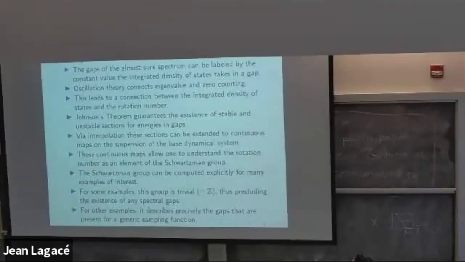The gaps of the almost pure spectrum can be labeled by the constant value of the integrated density of states in that gap. The integrated density of states is defined by eigenvalue counting, and eigenvalue counting is related by oscillation theory to zero counting. And zero counting in turn is related to counting rotations of solutions in this (u_n, u_{n+1}) plane. In order to study these rotations appropriately, you can't just look at the sequence of points in that plane.